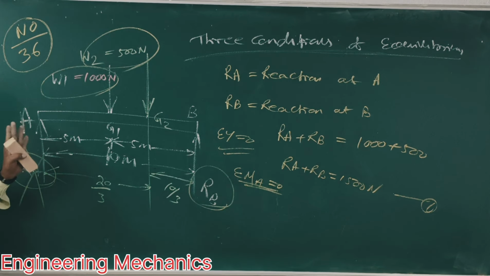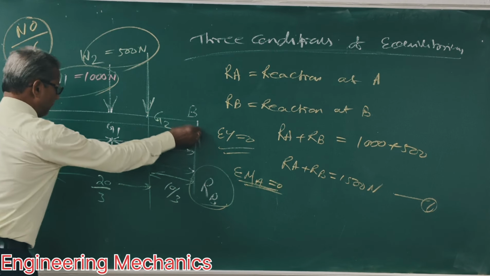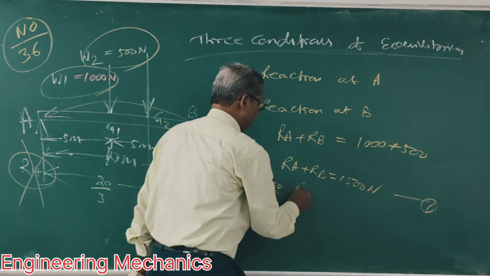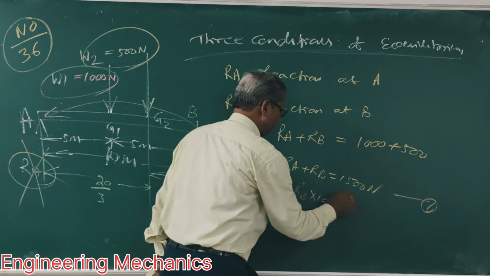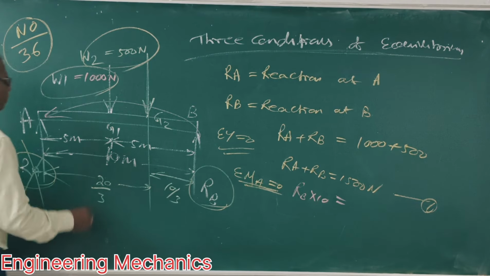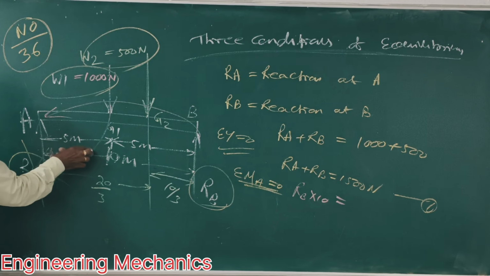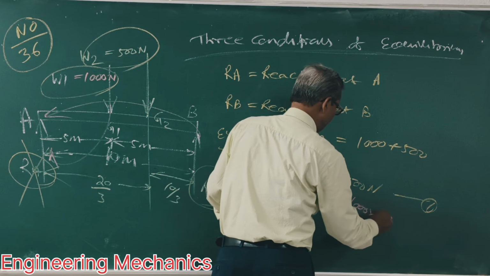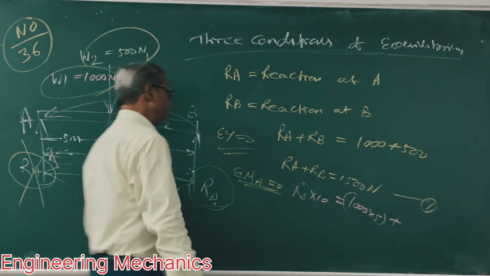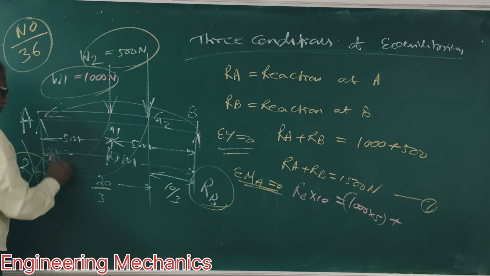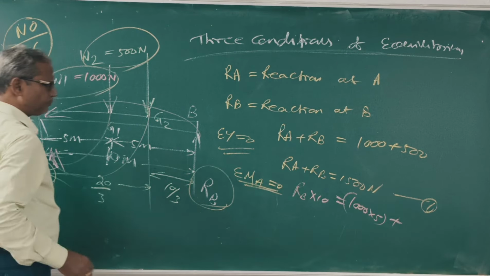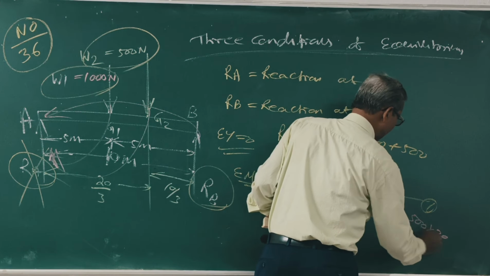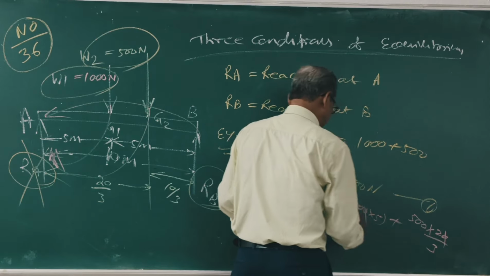Next, RB into 10 is equal to 1000 into 5 plus 500 into 20 by 3.